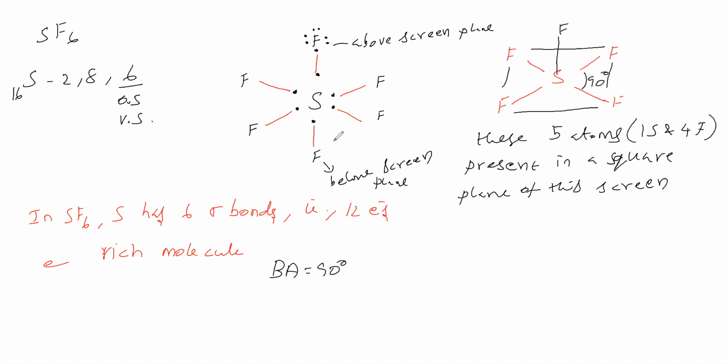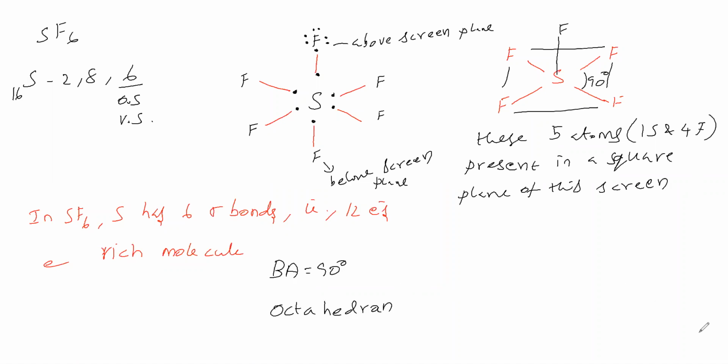Similarly, this below fluorine makes equilateral triangles with the four fluorine atoms of the square planar. Therefore, totally 8 equivalent equilateral triangles are possible. 8 means octa, and with hedron, it is octahedron. So the shape is octahedron. So the SF6 shape is octahedral. What is the bond angle? 90° we can say.